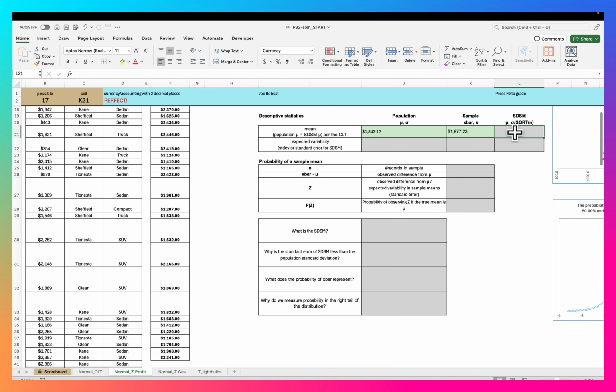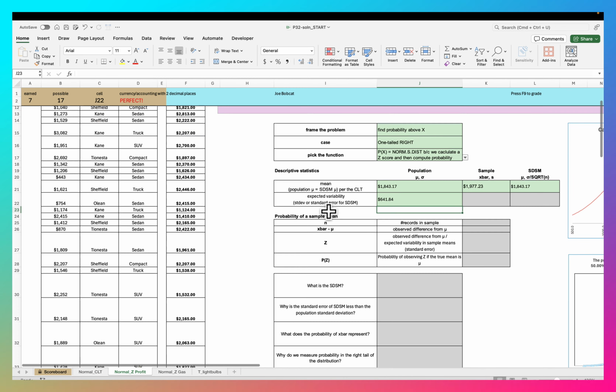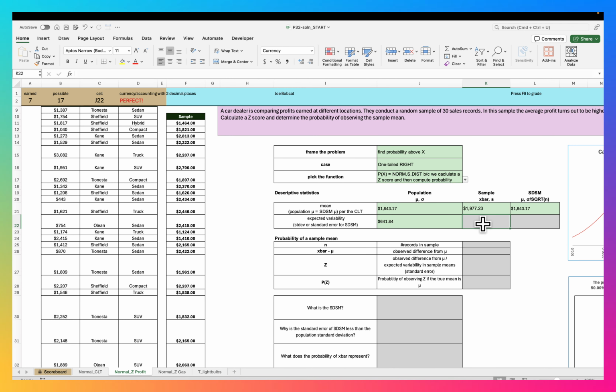And for the SDSM, it's the same as the population, so it's just that. Done. Okay, and then for variability for the population, it's equal to standard deviation dot p of all these values. For the sample, it's standard deviation, but this time it's dot s for these.